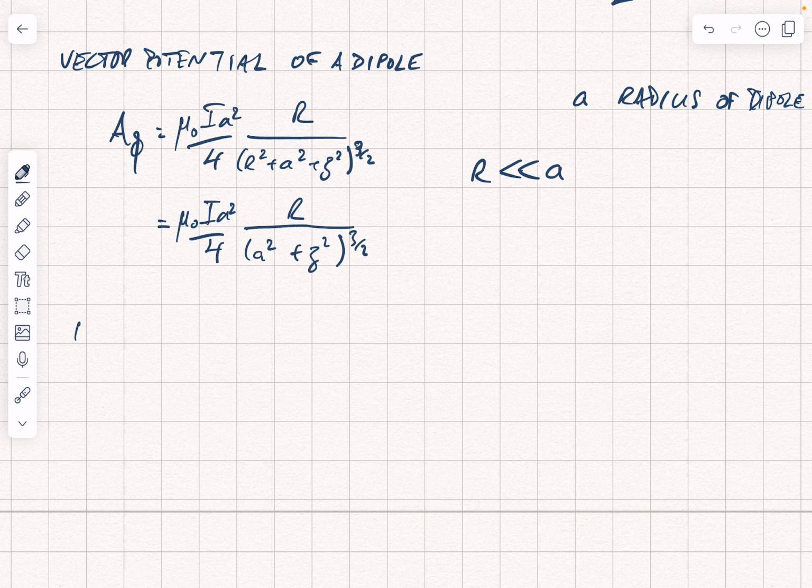Now, if we use the standard formula for curl in cylindrical polar coordinates, we find that B, which is equal to curl A, has 2 components which are non-zero.